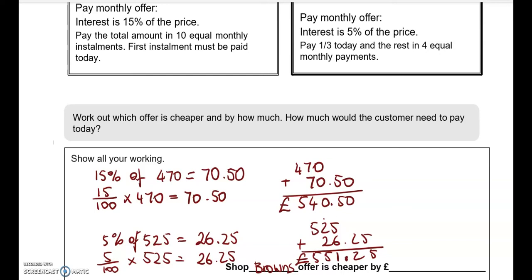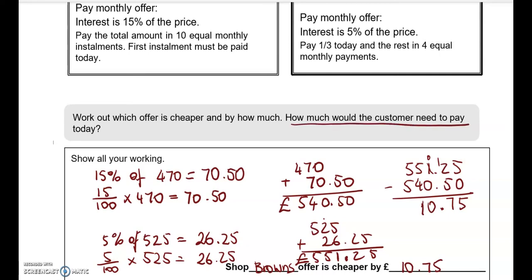So we're going to have to take away £525, take away 540.50, that is 5. So 12 take away 5 is 7, there is 0, 5 take away 4 is 1, so £10.75 is the difference. We also need to work out how much would the customer need to pay today.